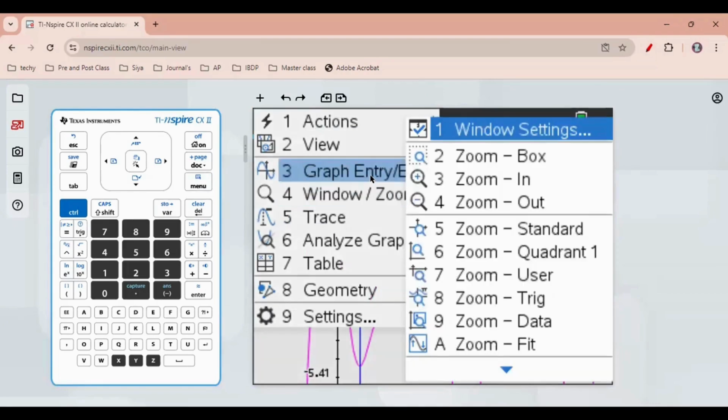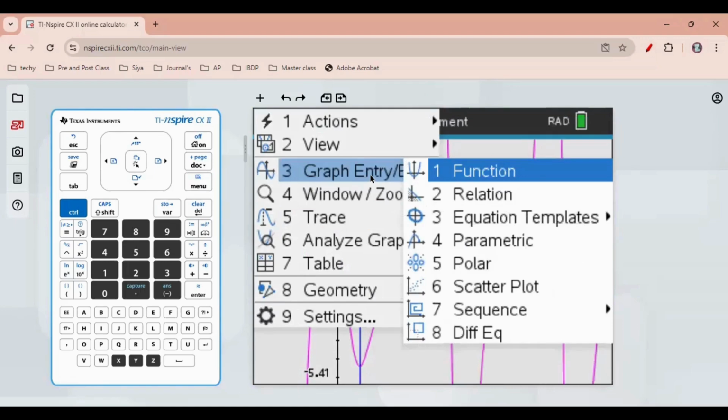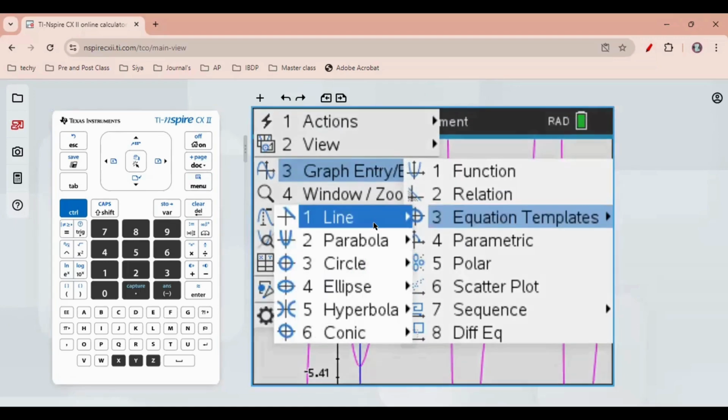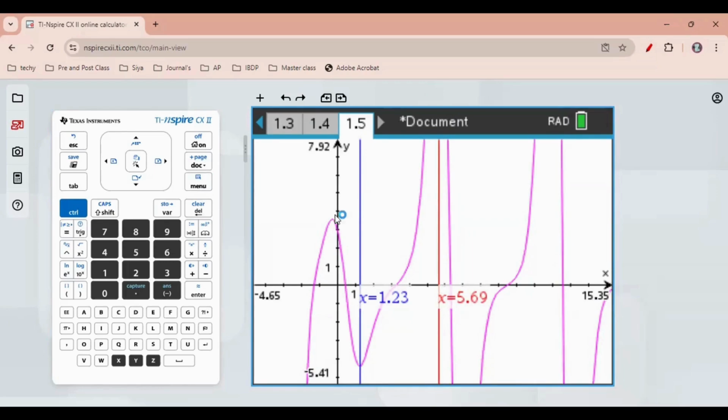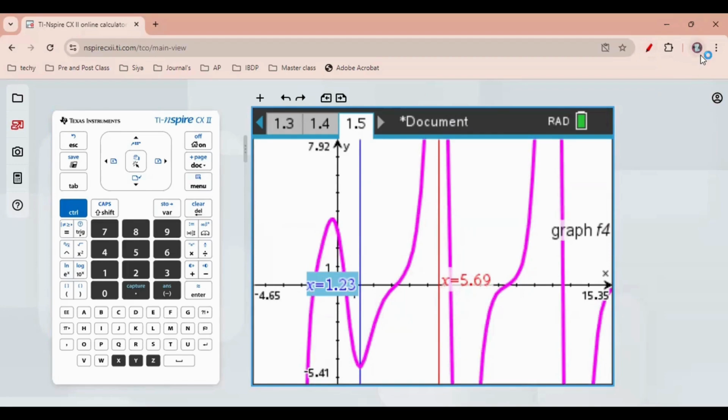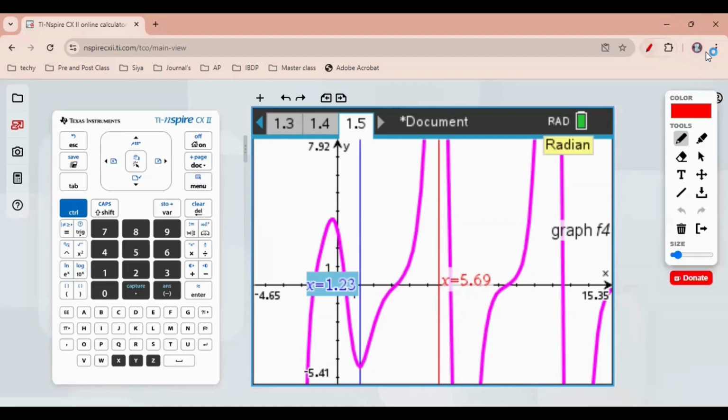Till that, I need to find the distance traveled. Here we can see the blue line and red line. This x is 1.23 and this is 5.69. So the distance traveled is the area bounded by these lines and the graph, correct? So we want to find this.